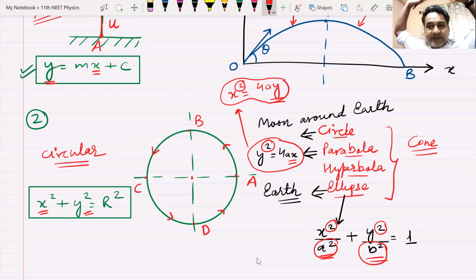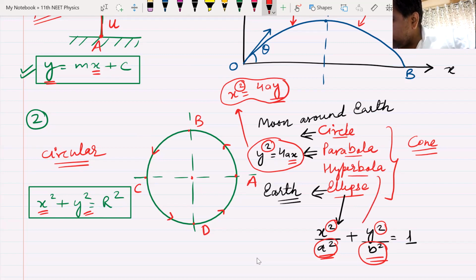Am I clear? Can I have some reason that you understood this? We are talking about equations of different types of geometrical things. Circle, straight line, parabola. I'm not talking about hyperbola. In hyperbola, instead of this plus, we have minus. So it becomes a hyperbola.